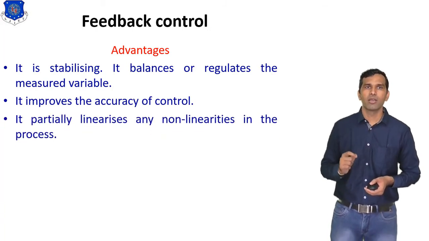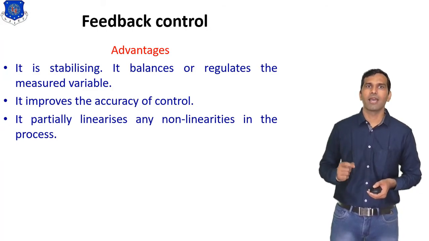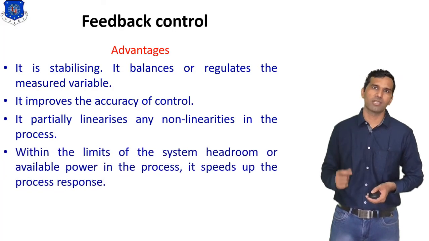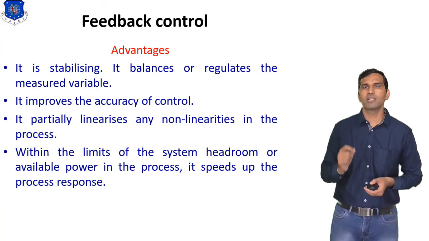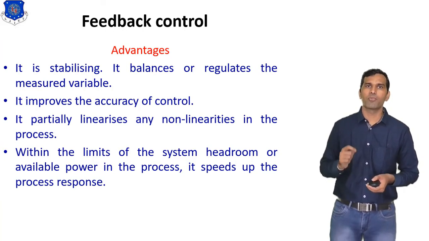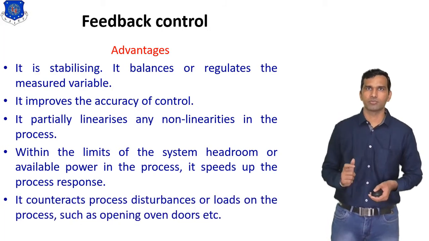The third is that it partially linearizes any nonlinearities in the process. Within the limit of the system headroom, or the available power in the process, it speeds up the process response.